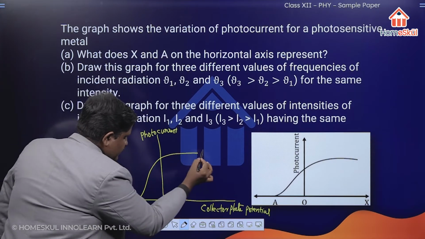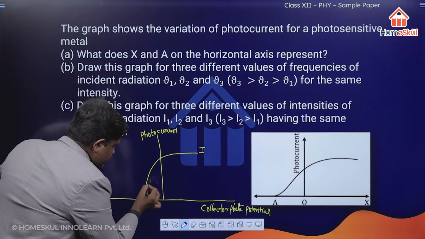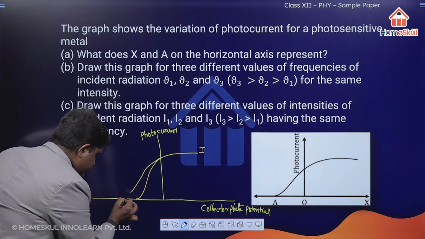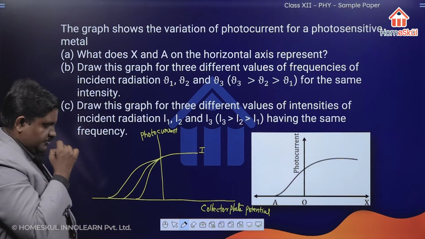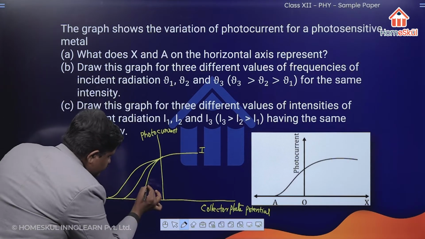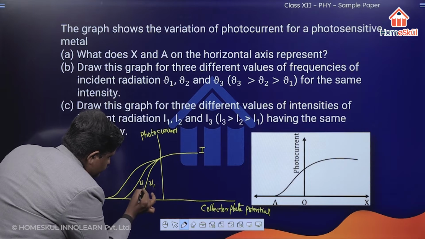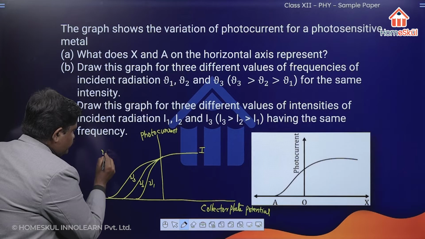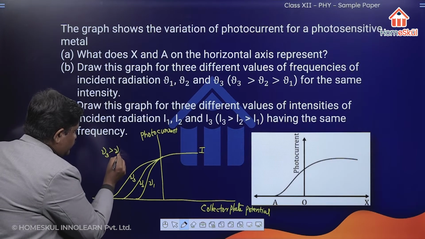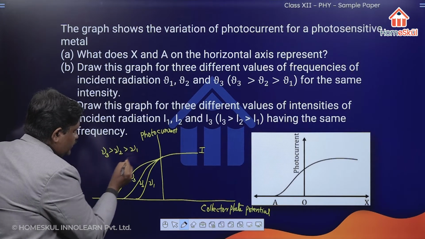This is the same intensity I. This graph is very familiar to you, right? This is for nu 1, this is nu 2, and this is nu 3. Here nu 3 is greater than nu 2, greater than nu 1.